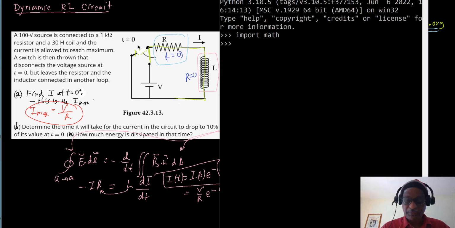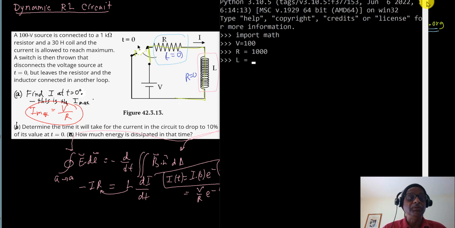Okay, so I have it here. V is equal to 100, and R equal to 1000.